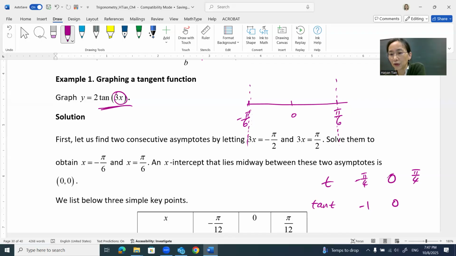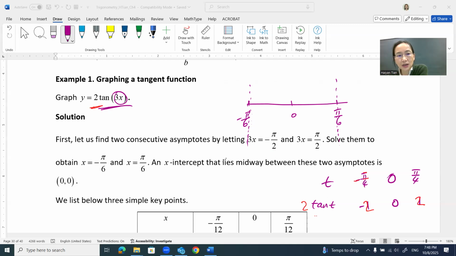At positive pi over 4, it is positive 1. So we get 3 ordered pairs. And also, since you have twice of this, we can multiply by 2, right? Then this will be negative 2, 0, positive 2. So that means at this negative pi over 4, we have this function value.